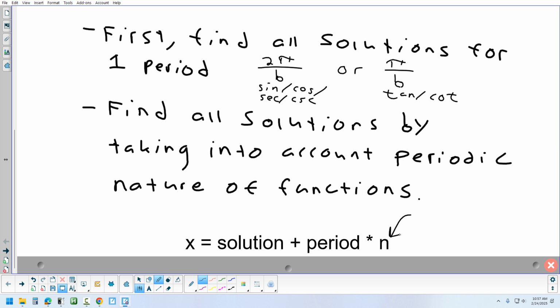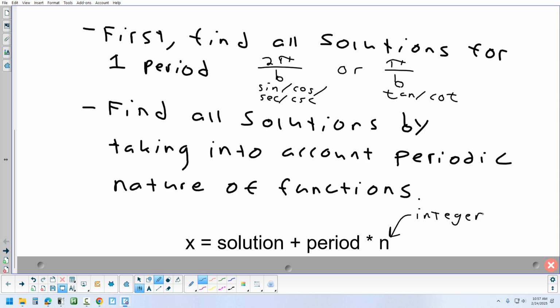What kind of number? It has to be an integer, yes. So you can add any multiple of the period. You can't add half a multiple. You add a whole multiple of the cycle, or you can subtract a multiple of the cycle, and you'll get an answer in a later or earlier cycle.